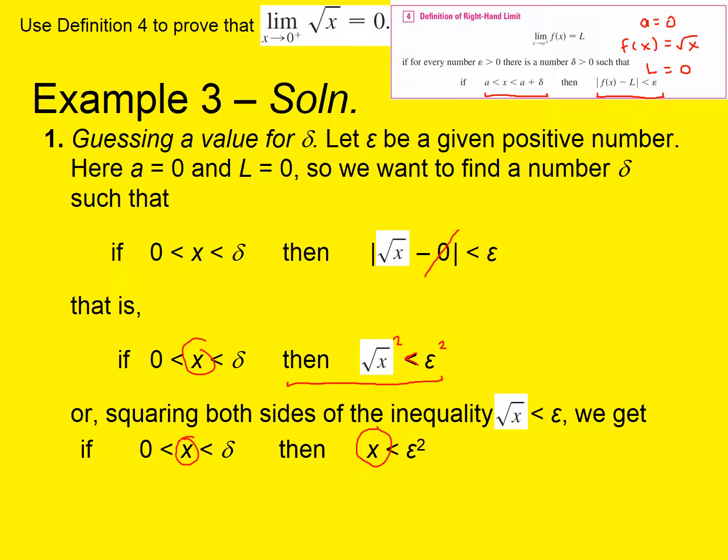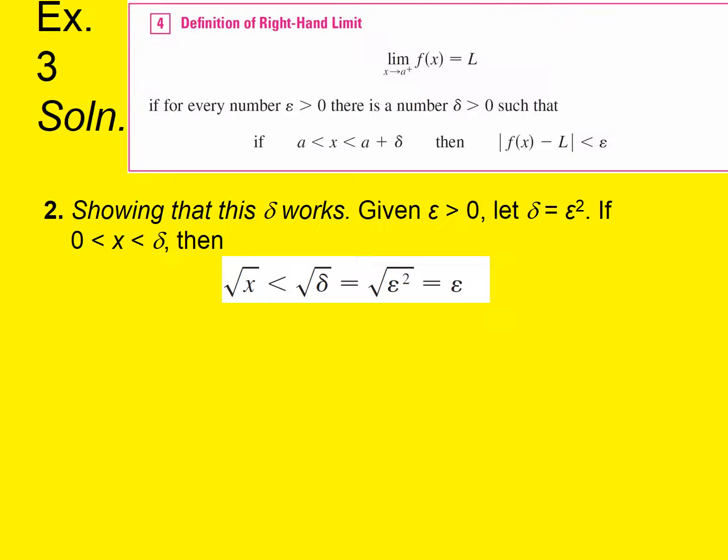We arrive at the delta easily. This suggests that we should choose delta equals epsilon squared. Okay, so we've come up with our delta that we're going to use in our proof.